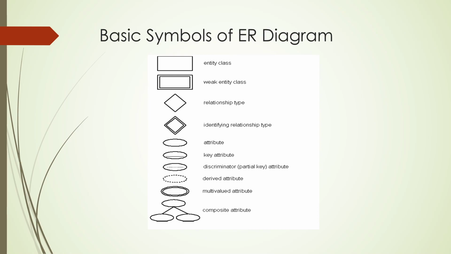Now, derived attributes, as I mentioned there, right? An attribute from which we can derive something, like the age of a particular employee can be derived from the date of birth. Such attributes are given that kind of symbol. Then multi-valued attributes. For the entity car, the car can have multiple colors.